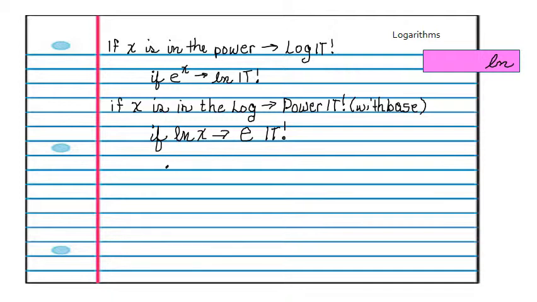So I'm going to start with one that is 4 to the power of x plus 2 equals 64. Now on first look, your inclination would be, okay, I've got x up in the power, so I'm going to log it, which you can certainly do. There's no problem with that.